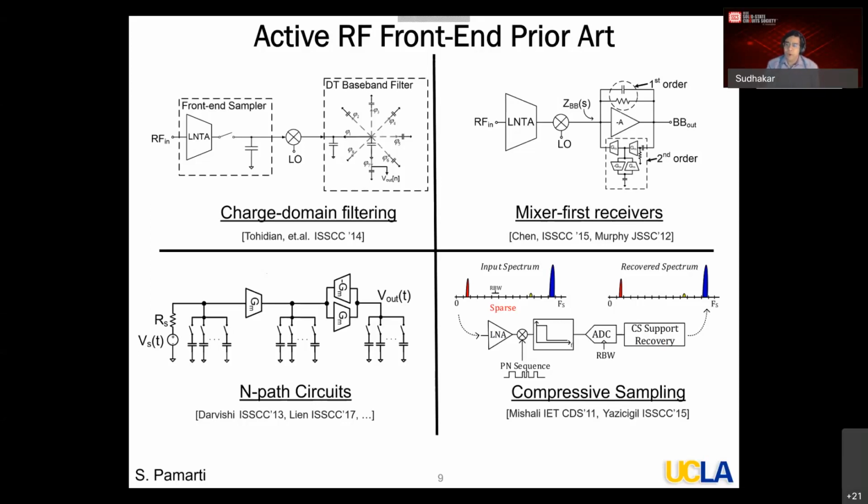Each of these approaches has its own advantages and disadvantages. For example, the top two approaches, the charge domain filtering and the mixer-first receivers, usually have an upfront LNTA. So all the linearity burden falls on the LNTA. The N-path circuits have their own issues.